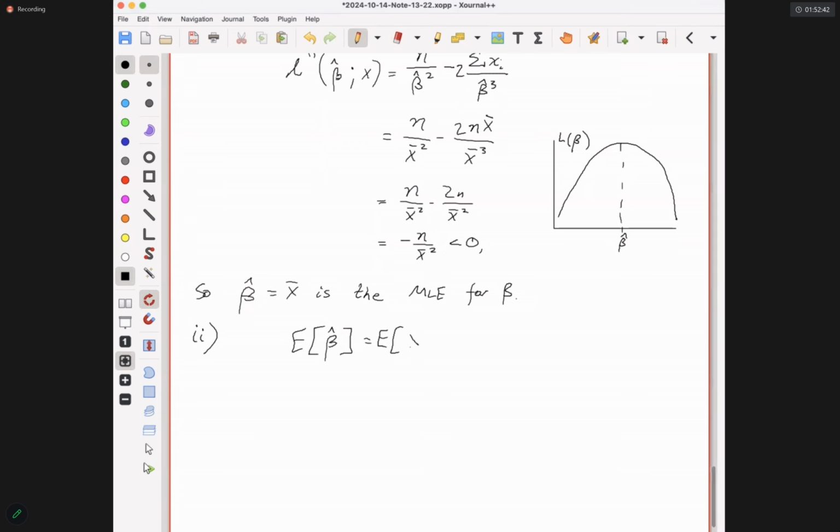Yeah, because it's the expectation of x bar, which is the expectation of x. And then how do we find the expectation of x?